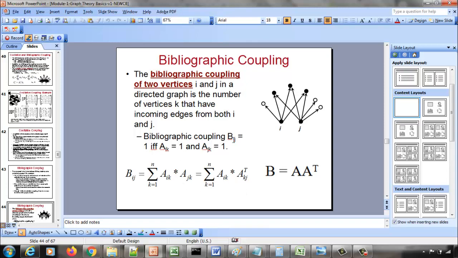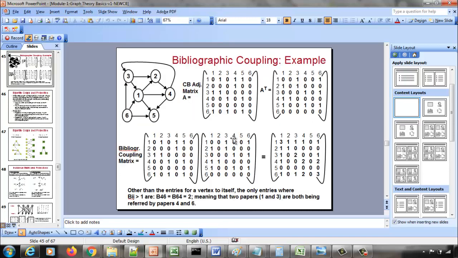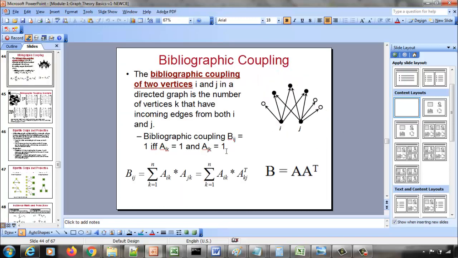So let us now calculate this measure. Let us use the notation B to indicate the bibliographic coupling matrix that we are going to find out. An entry for papers I and J, that means row I column J, will be 1 if, for a third paper K, I is citing paper K as well as J is citing paper K. So if A_IK is 1 as well as A_JK is 1, then for a particular vertex K, the entry B_IJ will be 1.